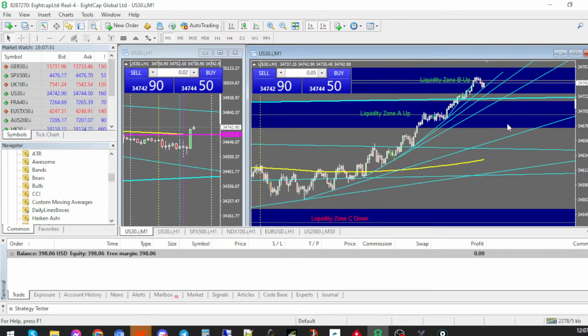Let's see if we're going to get that break, or if we're going to move up to the next zone.